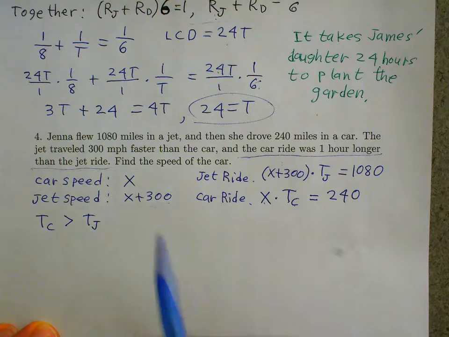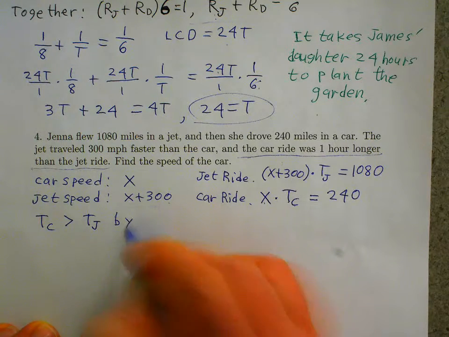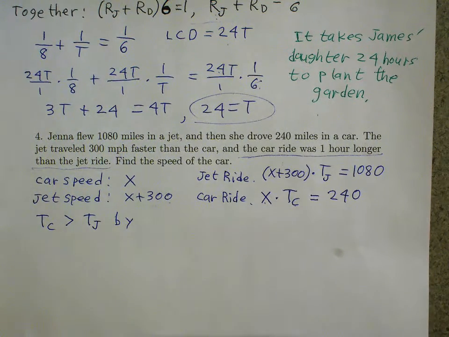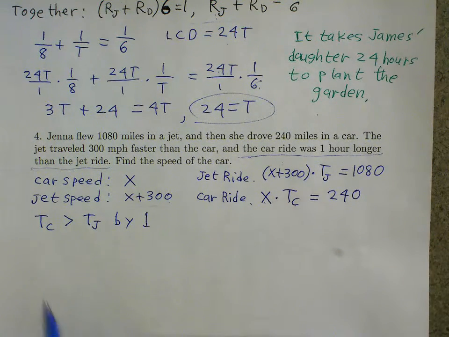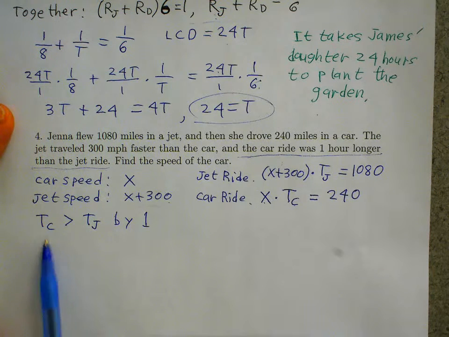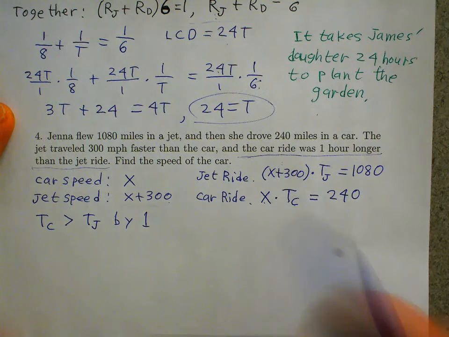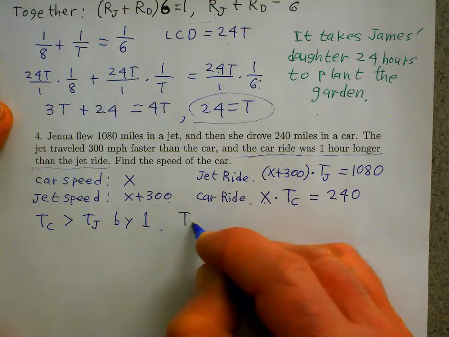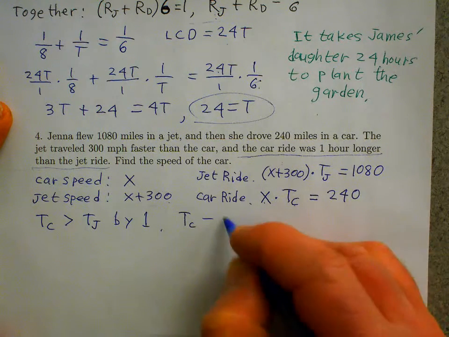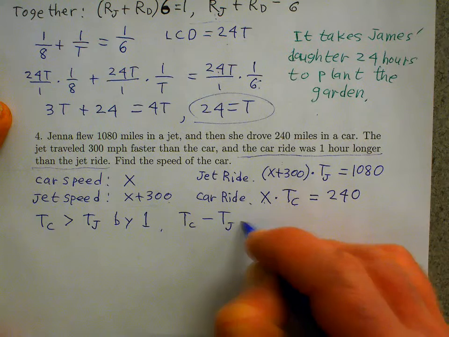It's bigger by 1 hour. So we can get an equation from this inequality. The larger number, t sub c, minus the smaller number, t sub j, equals 1.